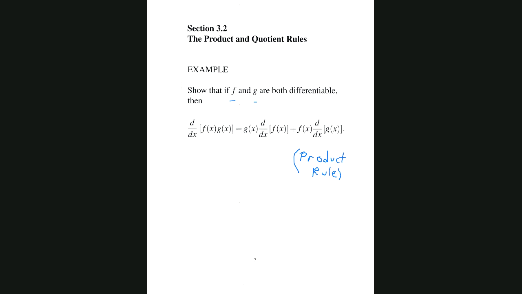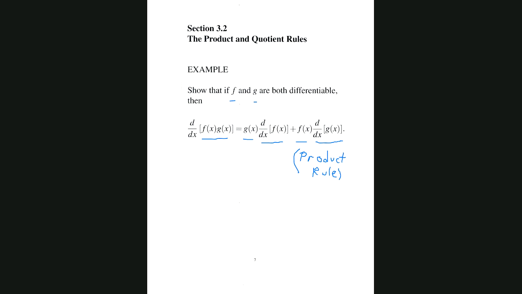And they're saying that if f and g are differentiable, then the derivative of the product f times g is going to be equal to the function g times the derivative of f plus the function f times the derivative of g. That's called the product rule.